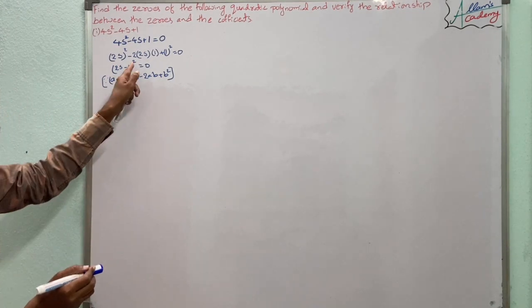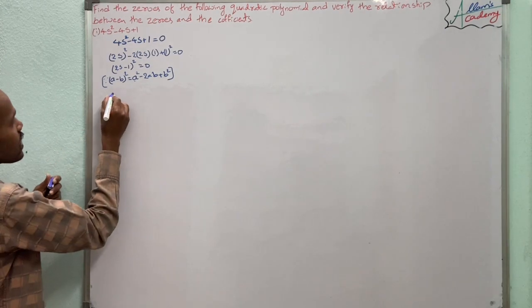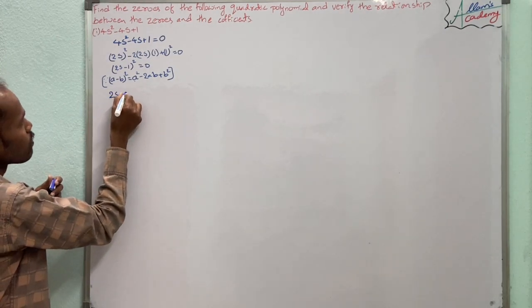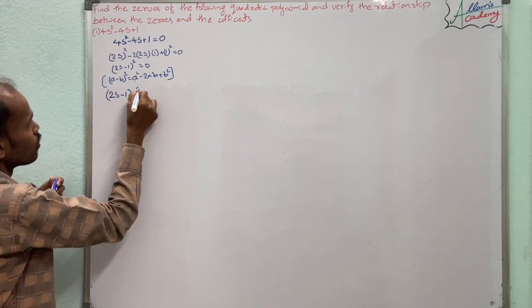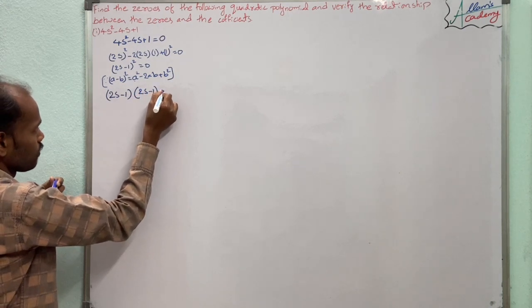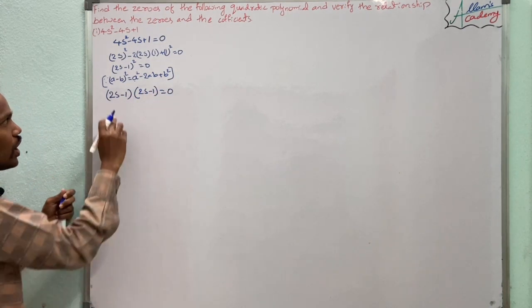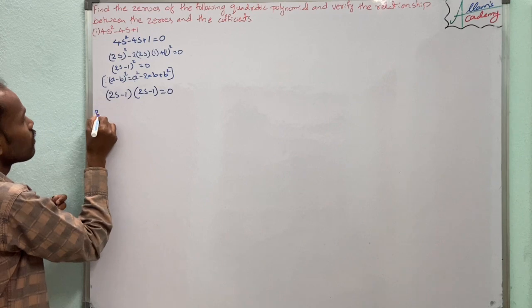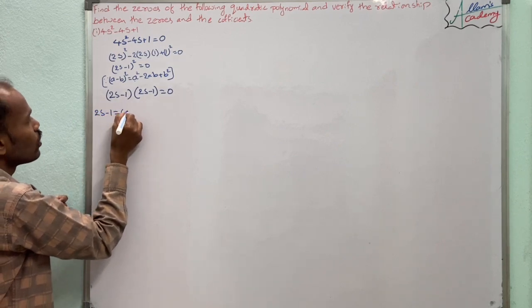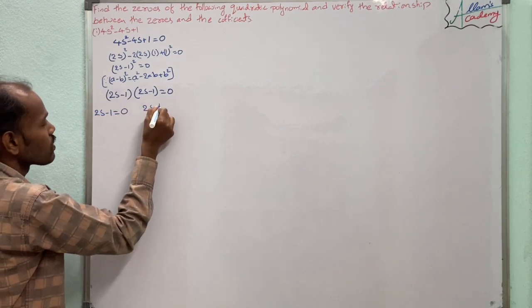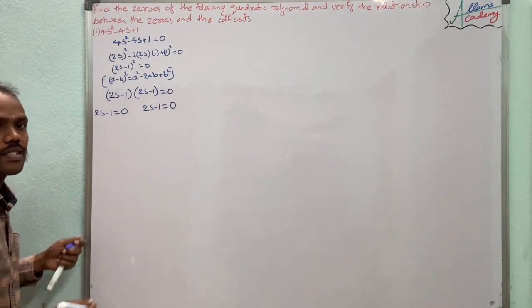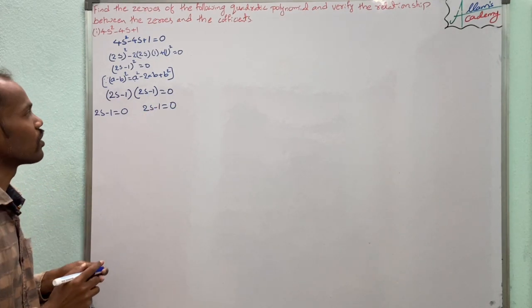So 2s minus 1 whole square is 2s minus 1 into 2s minus 1 equal to 0. In that, any one will be equal to 0. Either this 2s minus 1 equal to 0, or that 2s minus 1 equal to 0.